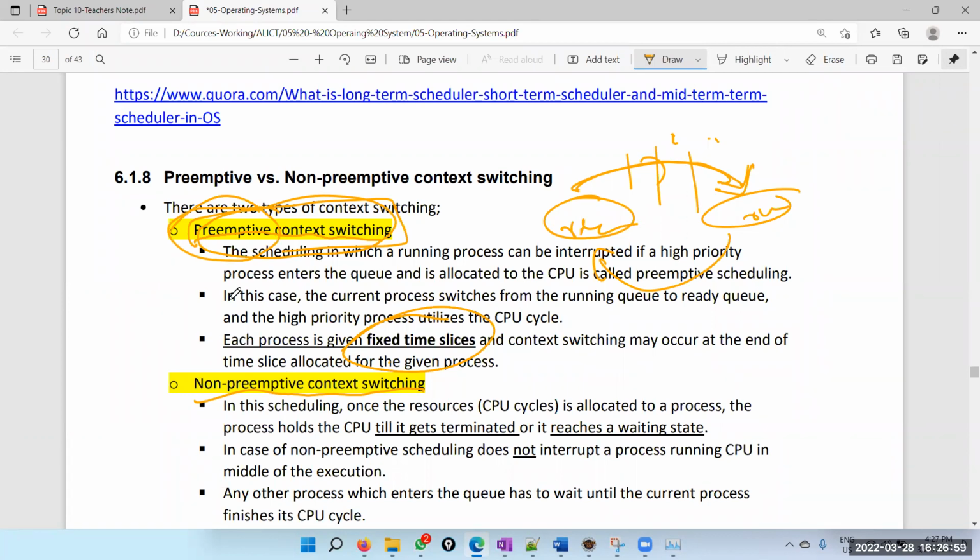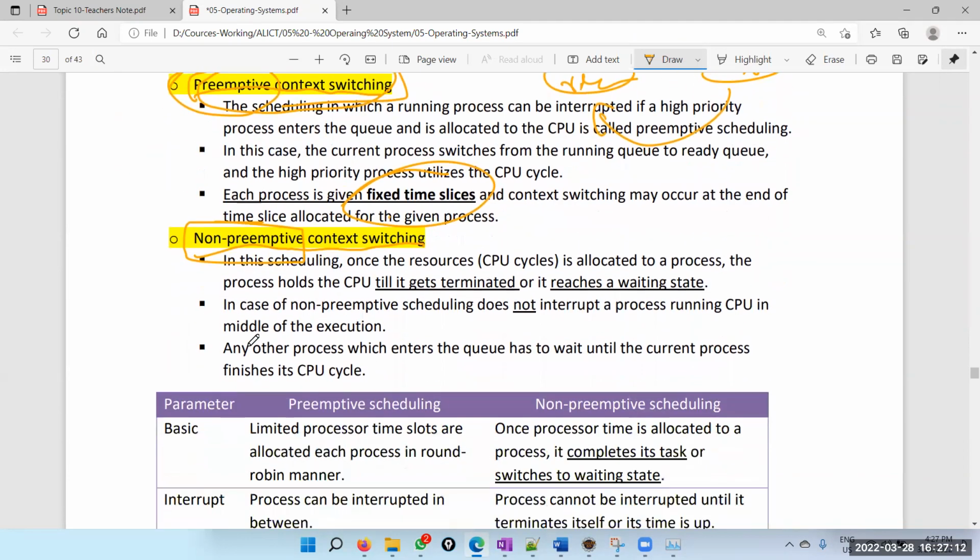Right. So then non-preemptive context switching means when a process is given that attention, that means when a process is taken to the running state from the ready state, it will be given a chance to run until it gets terminated, or it's done. Of course, it has to wait until it gets a chance.